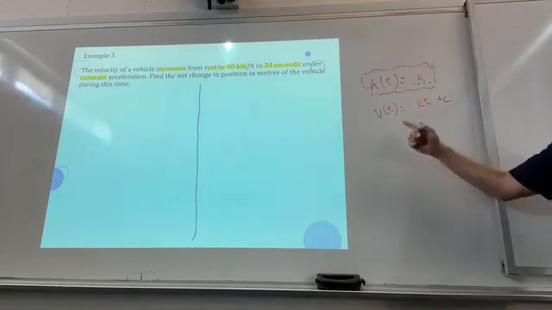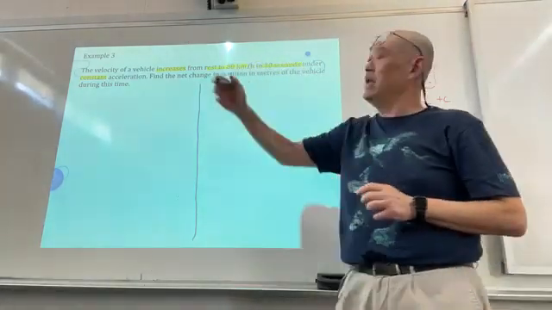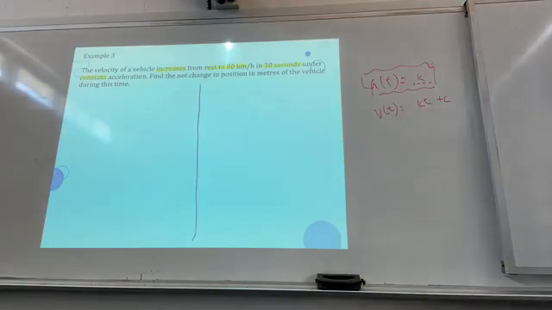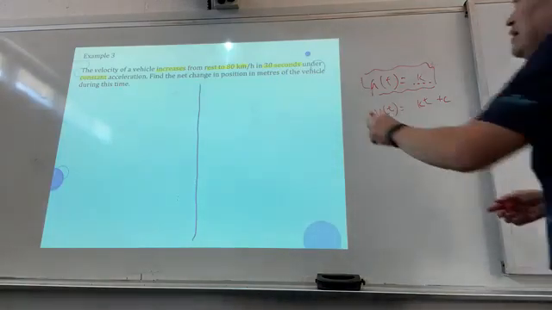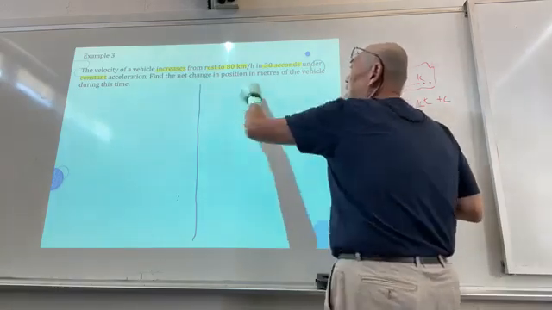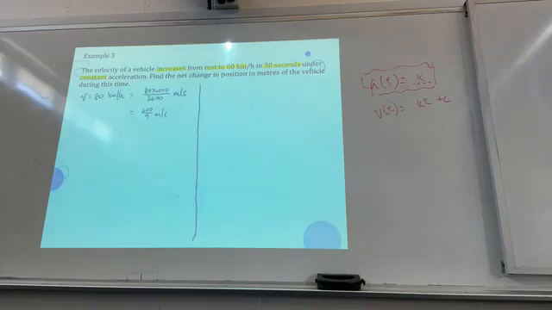Yeah? So now, let's think about here. You're given this in 80 kilometers per hour, and you're talking about 30 seconds. Kilometers per hour, and you want to see the net change in position in meters. So you need to definitely change your speed to meters per second.